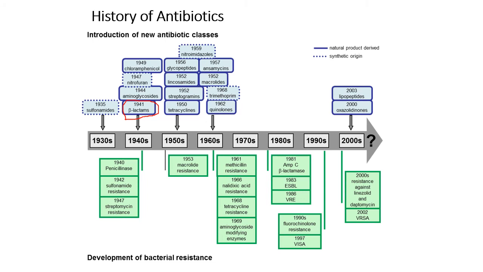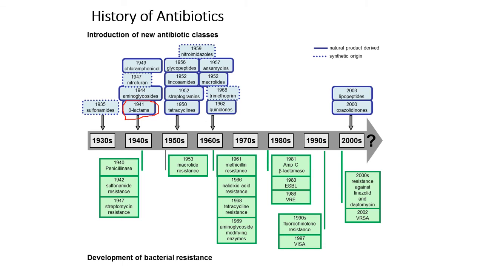Sulfonamide resistance was already seen in 1942, following its introduction in 1935. Streptomycin resistance, which is one of the aminoglycosides, was seen roughly 3 years after it was introduced. And this pattern of a new antibiotic coming on the market, coming into general use, and resistance being seen, is a general feature of new antibiotics.